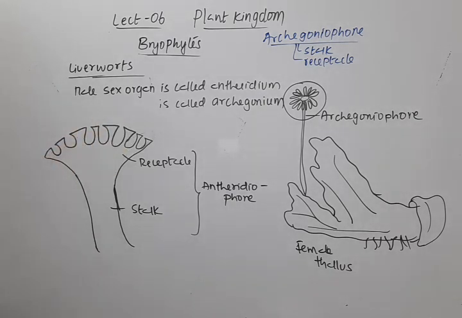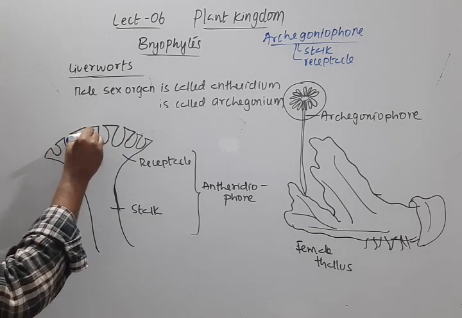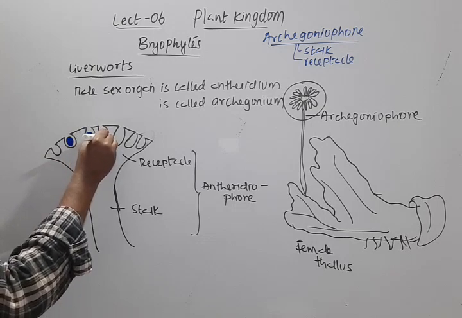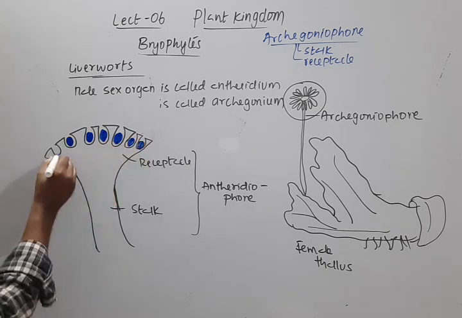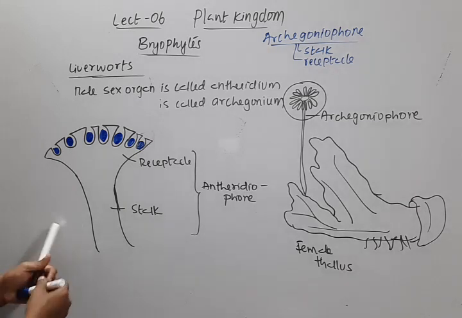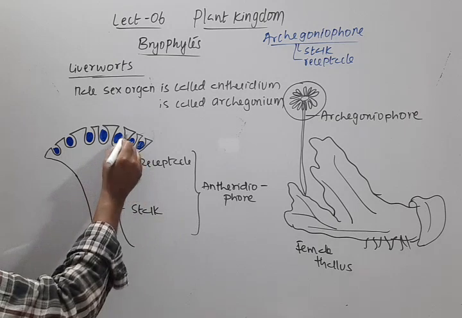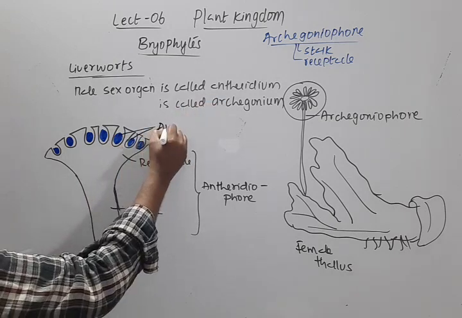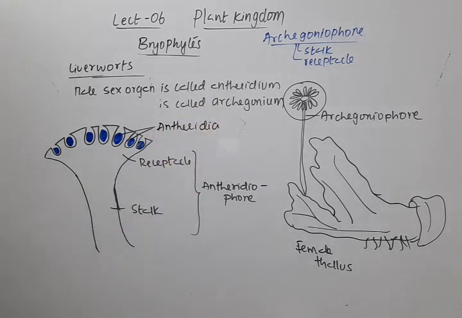Located in the receptacle you find the structures called antheridia. Antheridia is the plural and antheridium is singular. I already told you the male sex organ is antheridium and the female sex organ is archegonium. So the antheridium is present in the receptacle of the antheridiophore. These are antheridia.